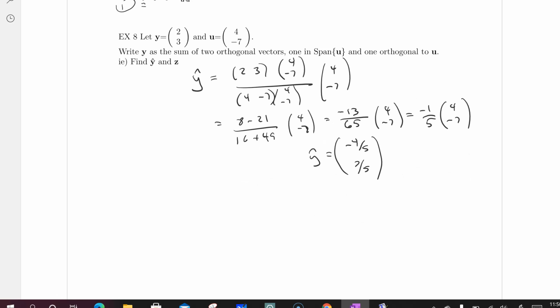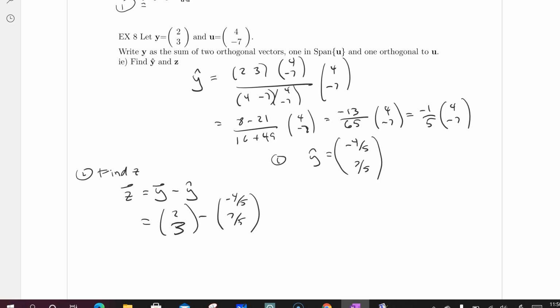So now let's go find z. Finding z is the second step because they want me to find two orthogonal vectors. So z by definition is y subtract y hat. So the original vector y, subtract y hat.